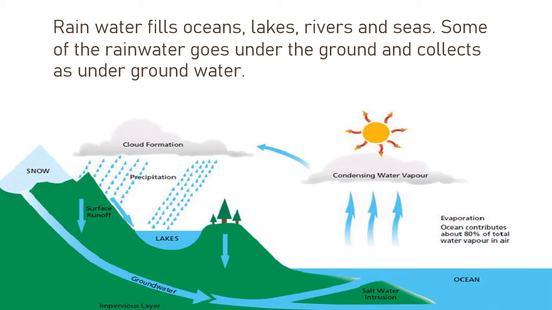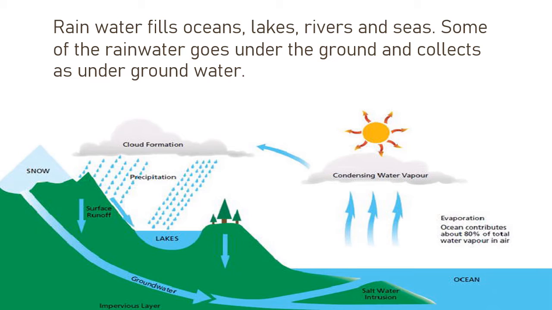When sunlight falls on the ocean, it converts into vapor. This vapor creates clouds. How does a cloud form? The vapor created by the ocean creates clouds.